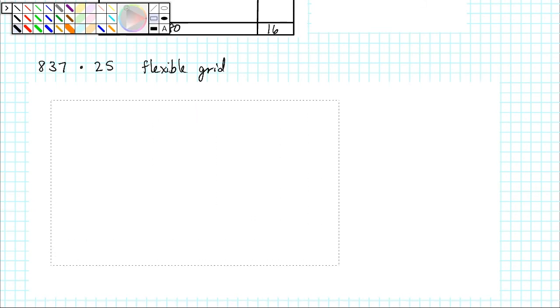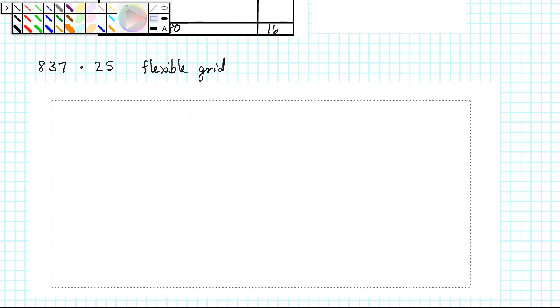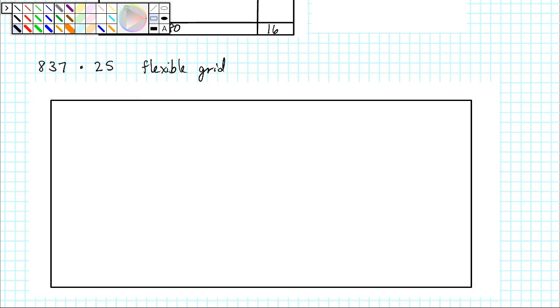So I'm going to draw my picture representing 837 times 25. And I'm going to draw my dividing lines along the place value markers. So the 837 is 800 plus 30 plus 7.